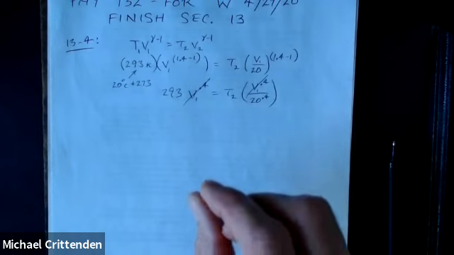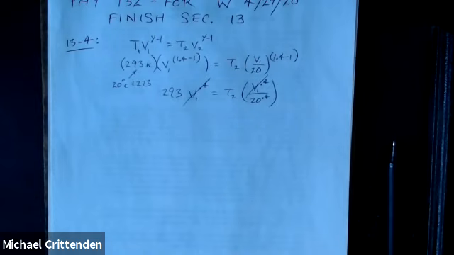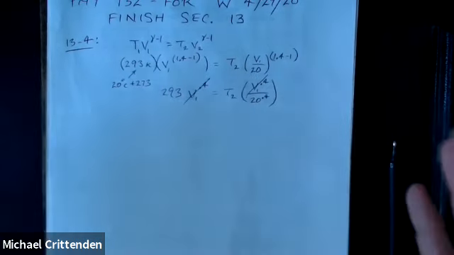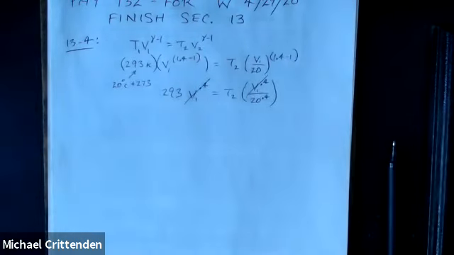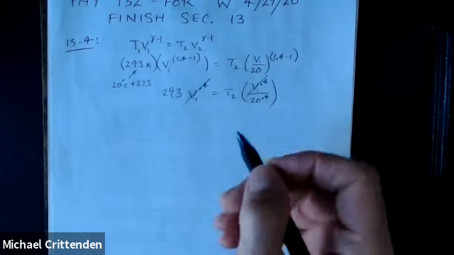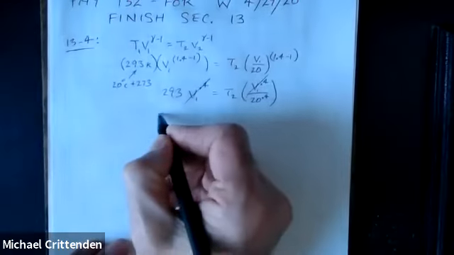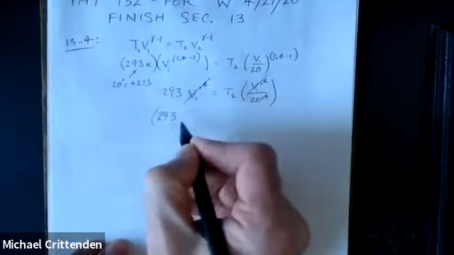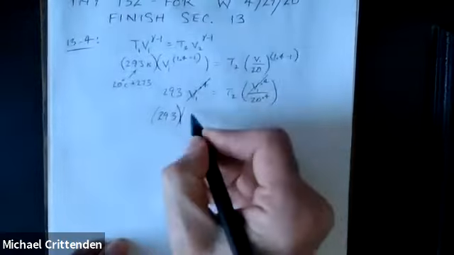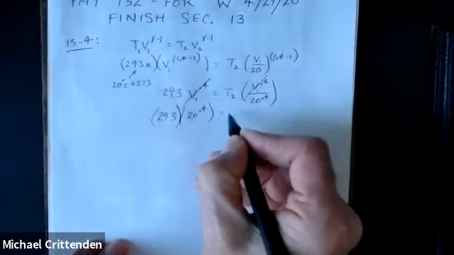If you've got an engine with little tiny cylinders like that, or if you've got some enormous diesel engine that's powering a ship or something like that, it's the same. So T2, we have 293 times the 20 to the 0.4 power.